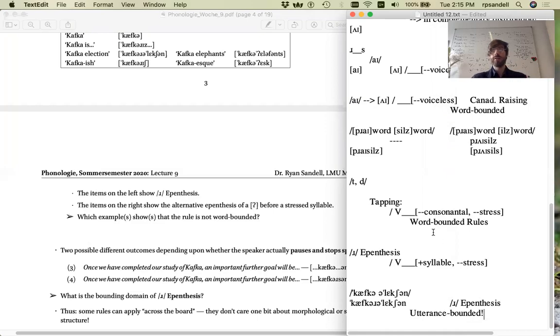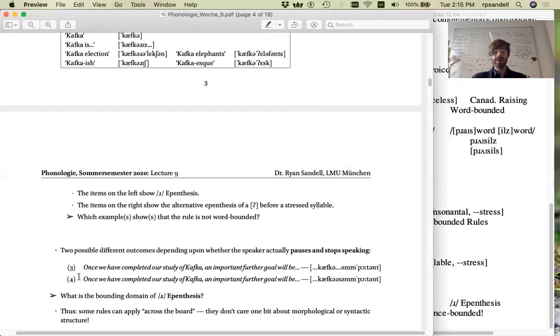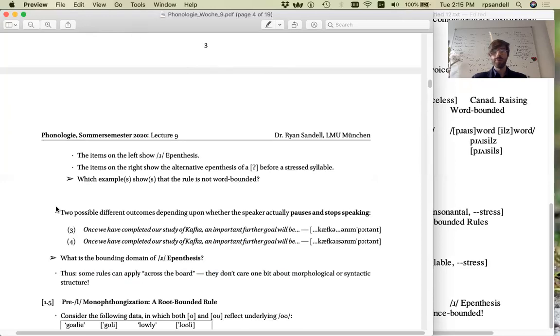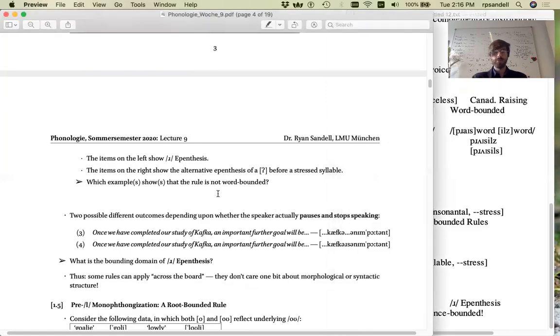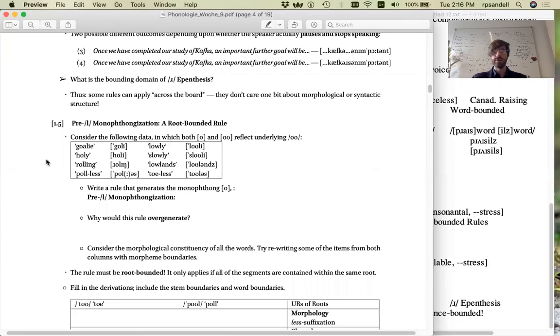So it's not restricted to applying within one word, and it's not even restricted to applying within the same syntactic phrase as example 4 shows, but it will apply whenever two vowels underlyingly stand next to each other, and the second vowel is unstressed, provided that one does not make a long break.